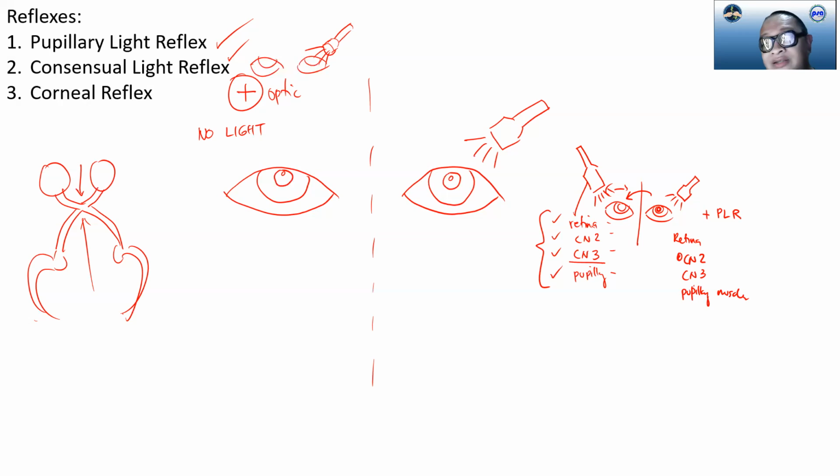If it's elevating, if your extraocular eyes are doing fine, then your cranial nerve 3 might be okay. If you shine this light and your pupils constrict or dilate in dark areas, your pupillary muscles are okay as well as your retina. Okay, so that's how you go about testing and using your knowledge of anatomy in diagnosing problems.